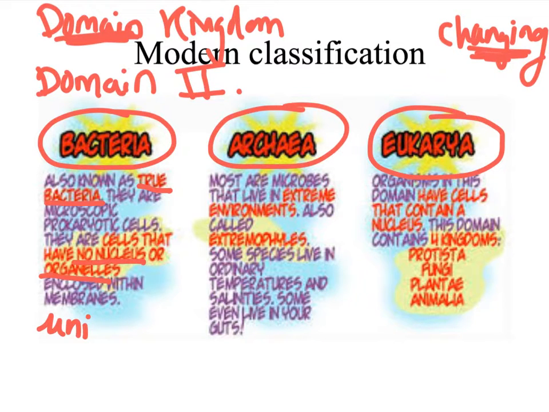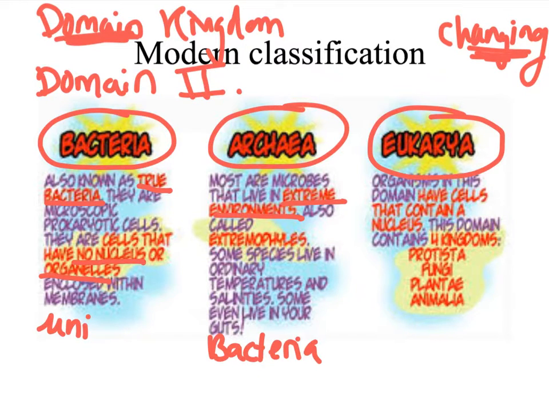Now, kind of similar to domain bacteria is a domain called domain archaea. Now, they're also a type of bacteria, but they live in extreme environments. So we're talking about bacteria that you don't come in contact with in your everyday life.